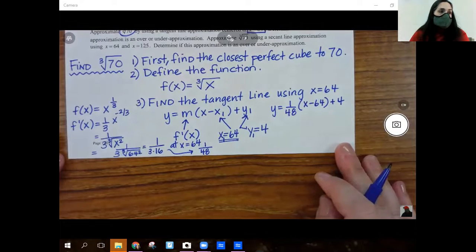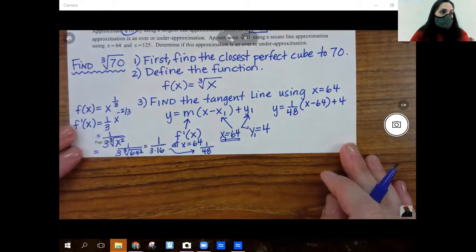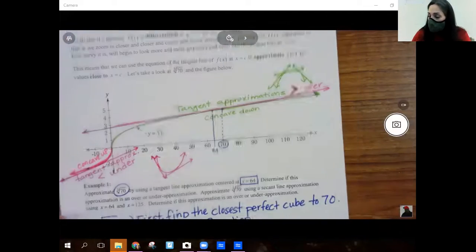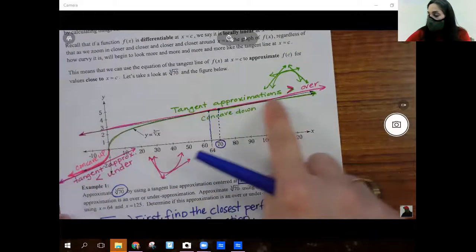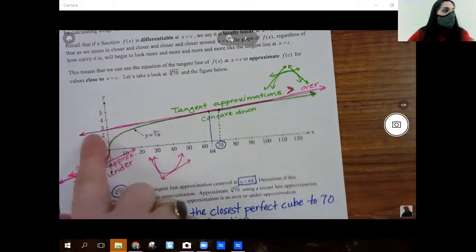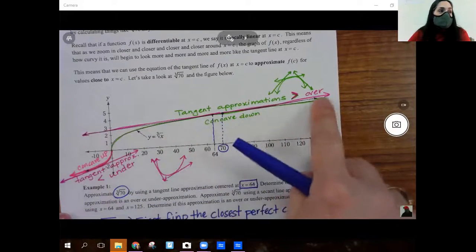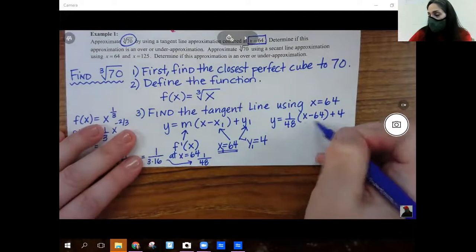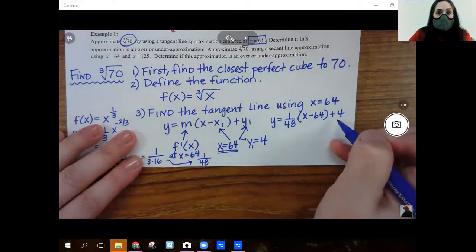Okay. So this equation right here represents this line, this pink line right here. That's the equation of that line. Y equals 1 over 48, x minus 64 plus 4.